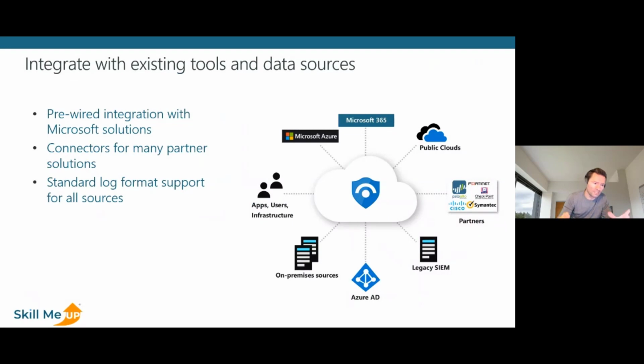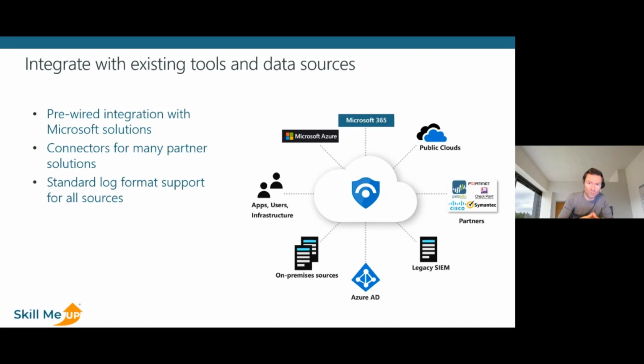So it integrates with a lot of existing tools and data sources. It comes with a number of connectors for Microsoft solutions like Microsoft 365 Defender, Microsoft Cloud App Security, and Azure AD. Next to that, there are also a lot of built-in connectors for non-Microsoft solutions, like, for example, Symantec, Cisco, and Fortinet.